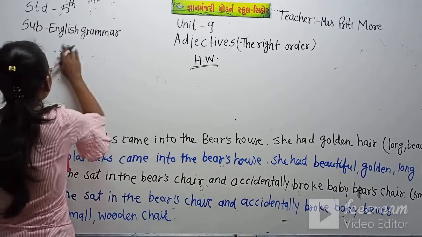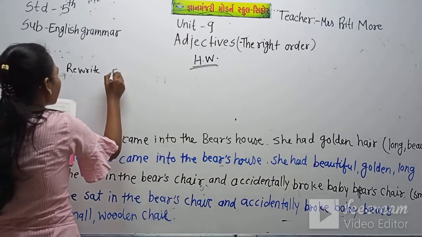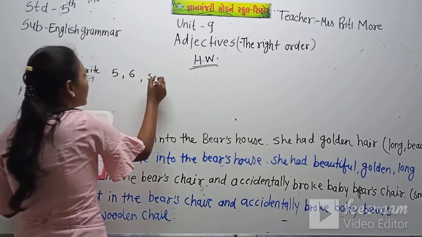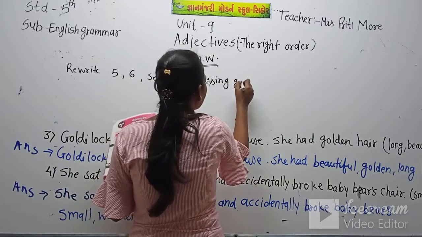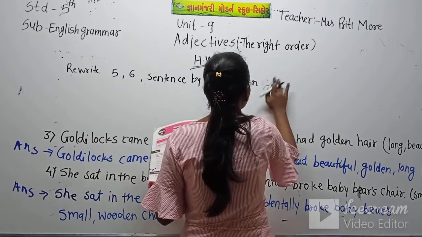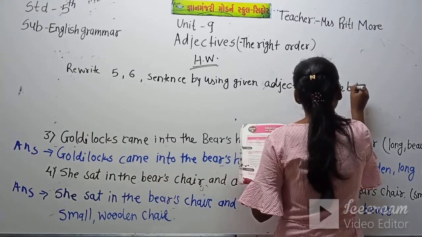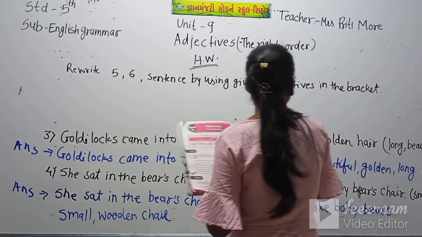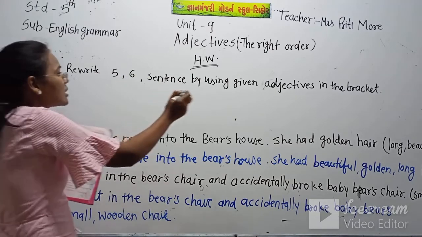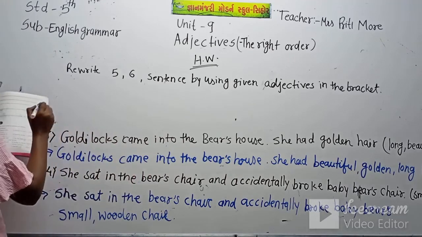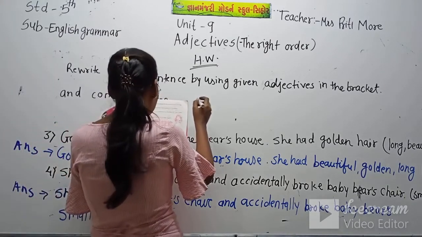Your homework is rewrite the fifth and sixth sentences by using the given adjectives in the bracket, and complete the extension exercise.